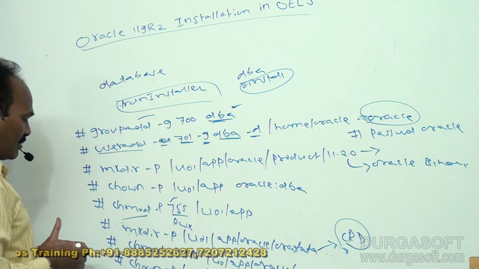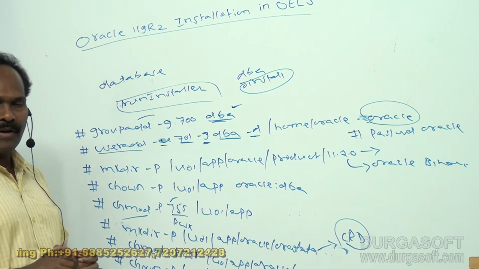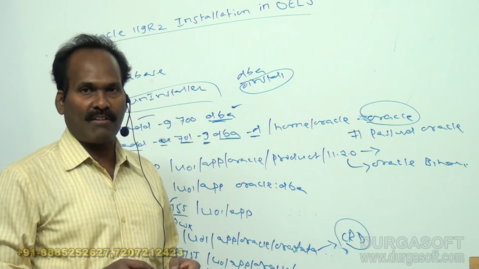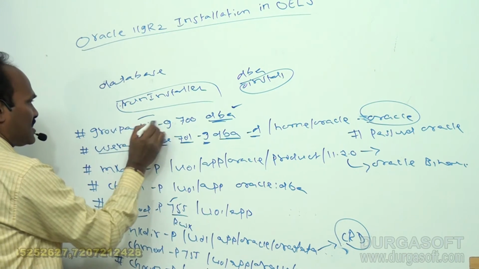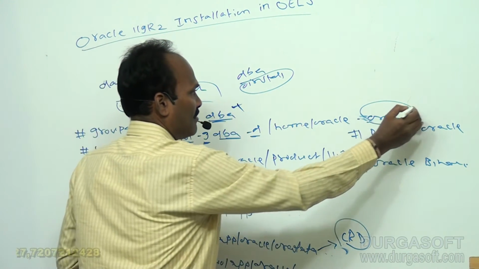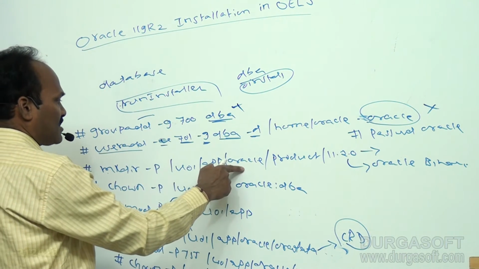And one thing you have to remember, as we have installed OEL 5.0, these requirements are not required. That means creation of the DBA group is not required, creation of the Oracle user is not required, and creation of this directory also is not required.